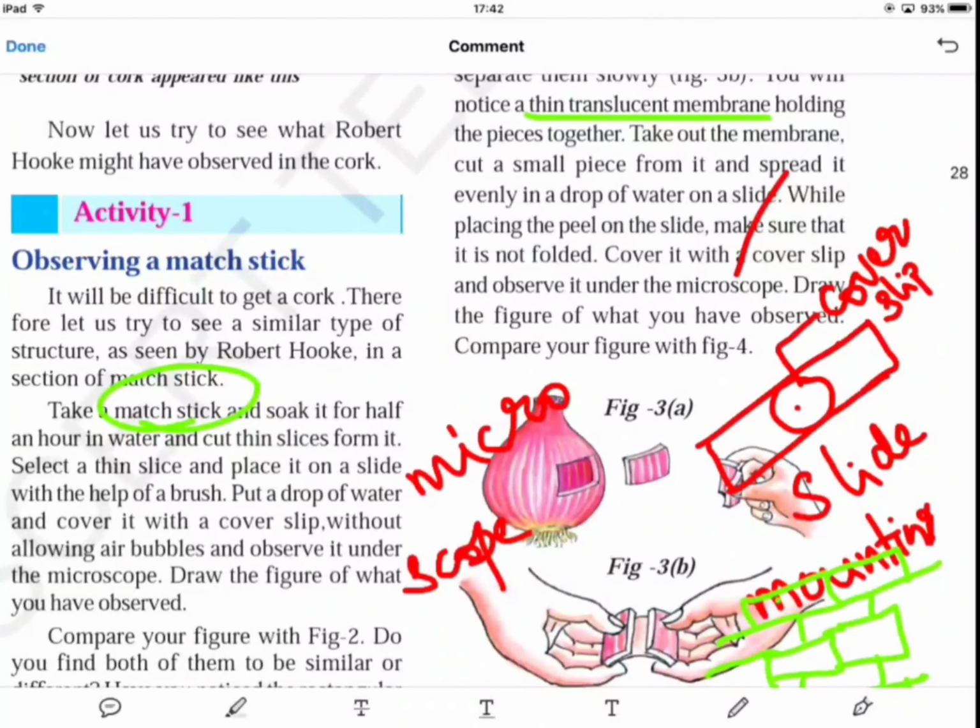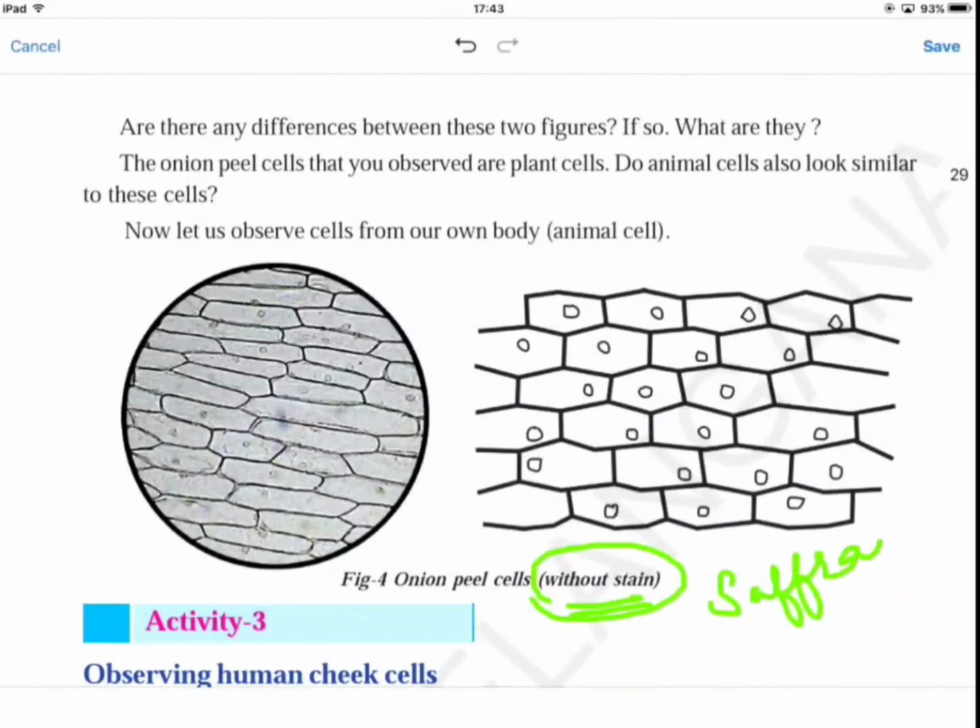You can observe figure 3; in this it is without stain. So in order to observe them clearly, we use colors like safranin. If you put a drop of safranin, you can see all these structures beautifully pink in color, exactly the same figure that is given when you observe an onion peel.